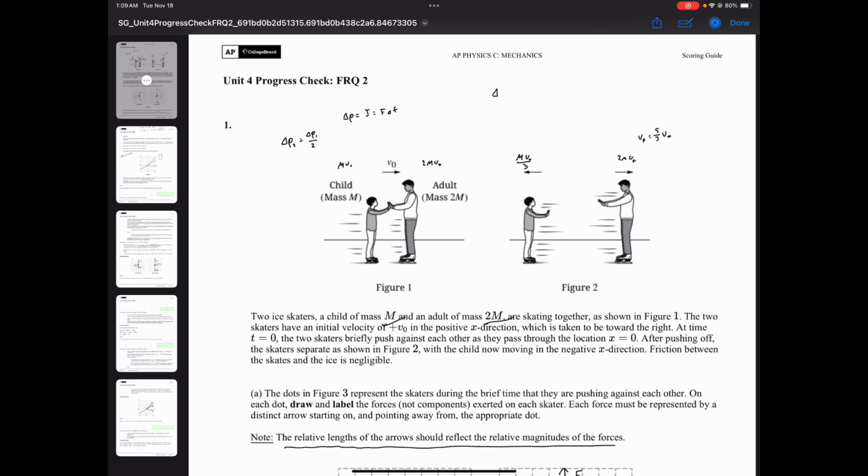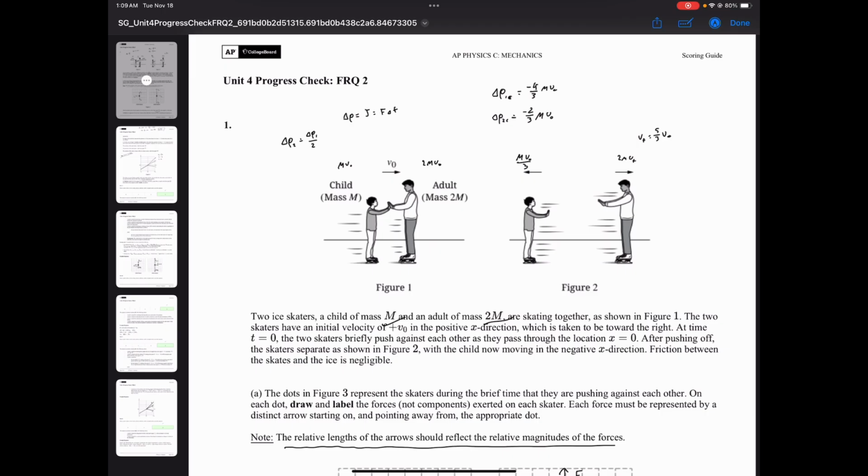So the change in momentum of the child in the first situation is negative 4 over 3 mv naught. Then in the new situation where it's half the force, it's going to have half the change in momentum, so it's negative 2 over 3 mv naught.